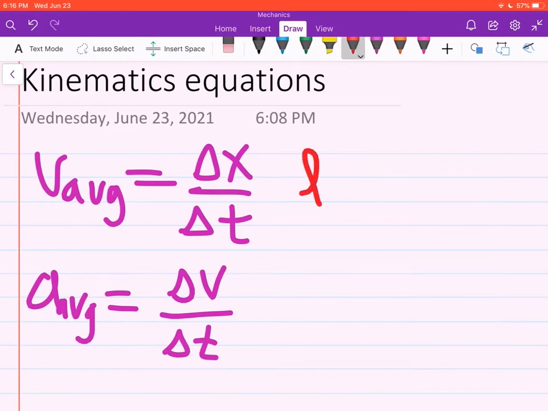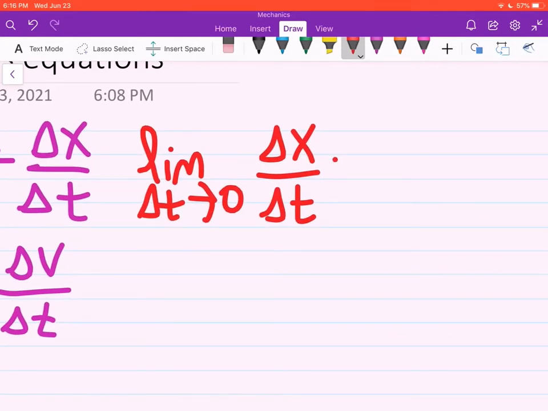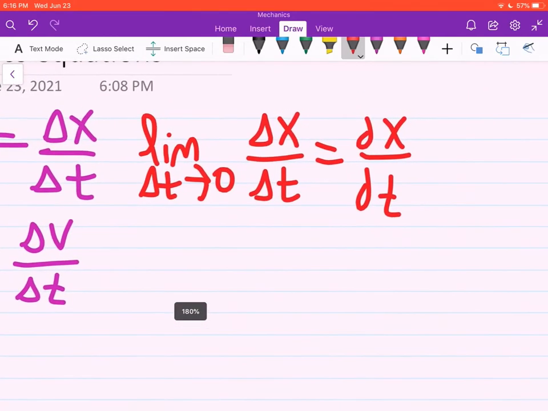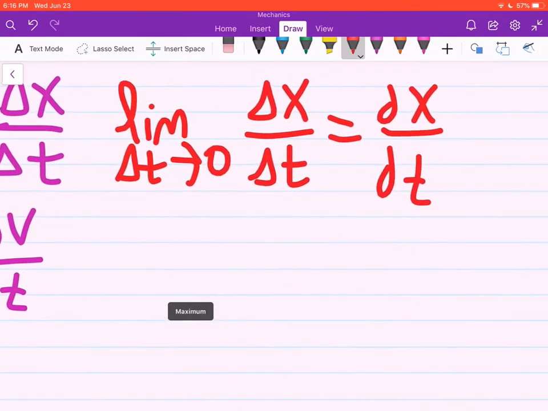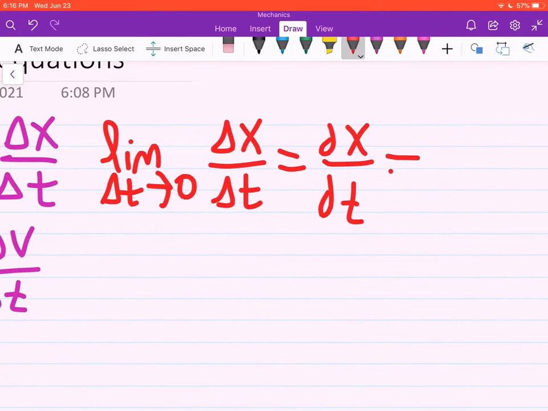So the limit as delta t goes to 0 of delta x over delta t is dx/dt. And dx/dt is our first derivative of position with respect to time, which is just our instantaneous velocity.